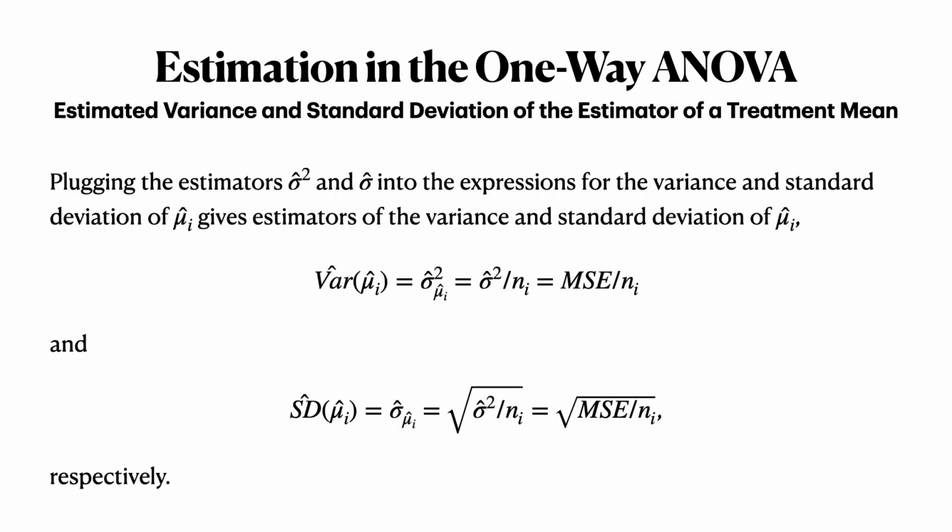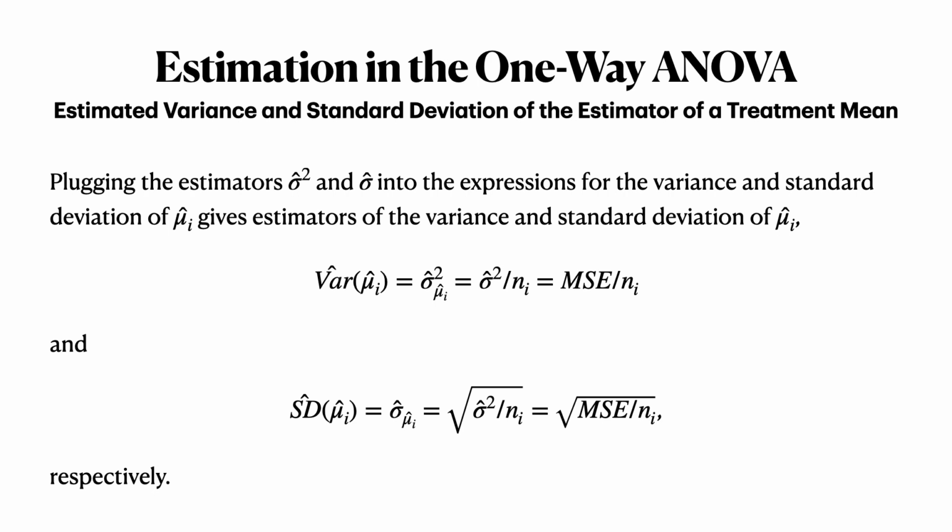If we plug the estimators sigma hat squared and sigma hat into these expressions for the variance and standard deviation of mu hat sub I, we get estimators of the variance and the standard deviation of mu hat sub I. We will denote the estimated variance by var with a hat on top, and also sigma squared with mu hat sub I in the subscript, with a hat on top.